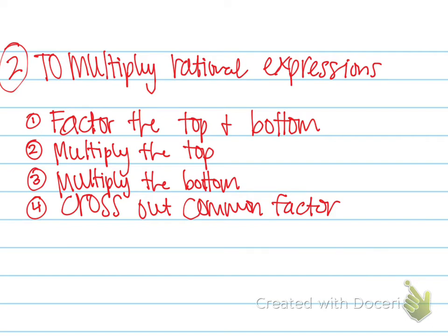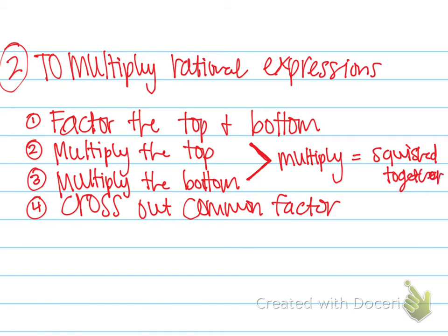Out besides step 2 and step 3, I want you to draw a little thing like this where they're connecting. And I want you to write multiply equals squished together.